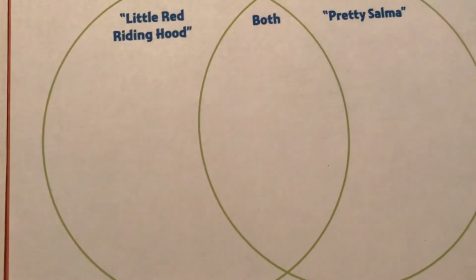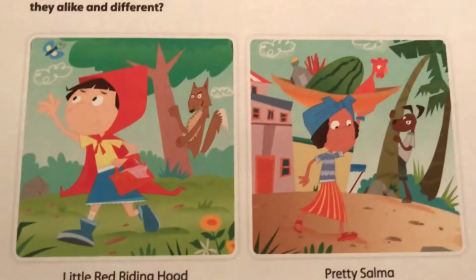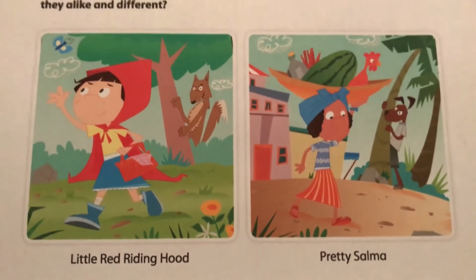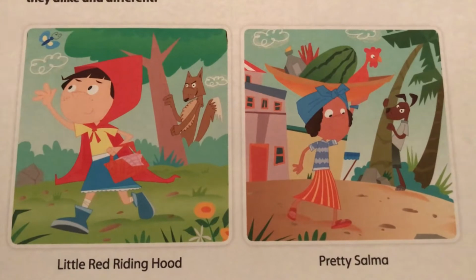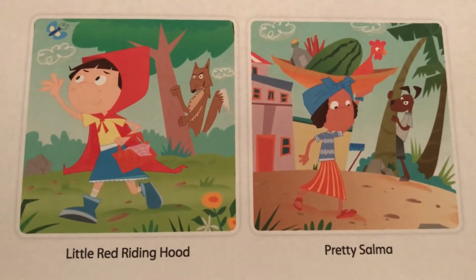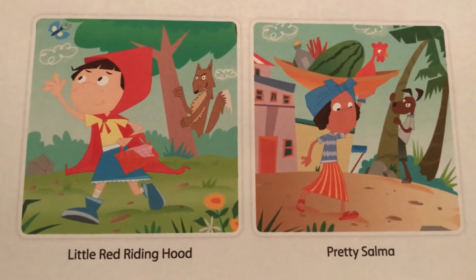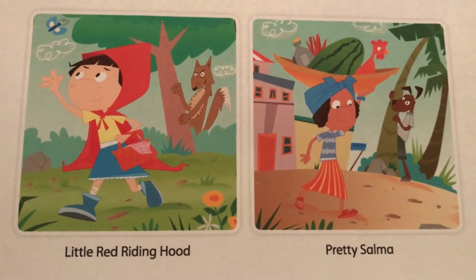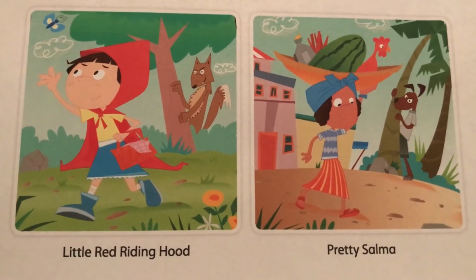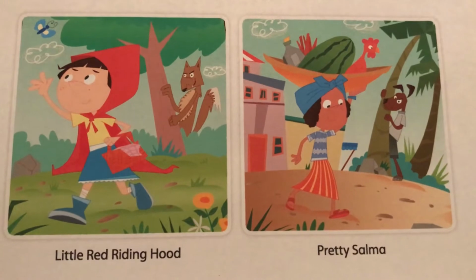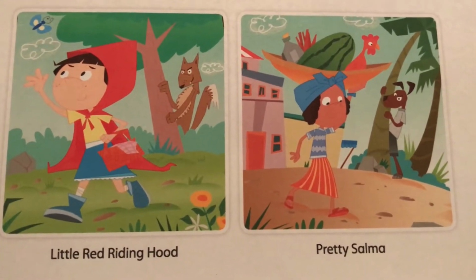Let's take the inside first, the both part. Based on our pictures, what do they both have in common? Well, if I'm looking at this, they're both girl characters. It looks like they're both being followed by an animal.